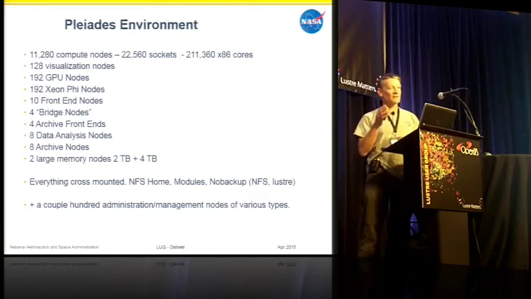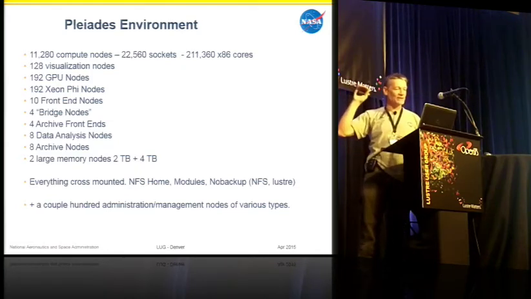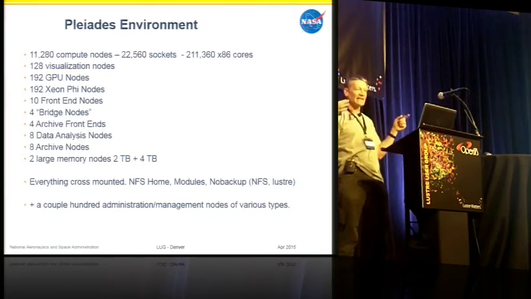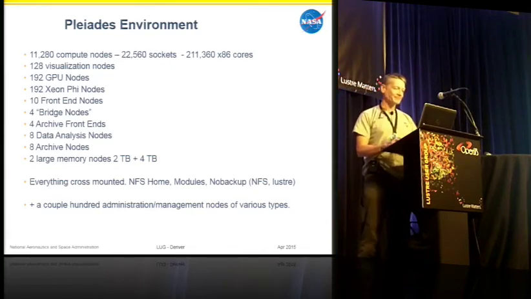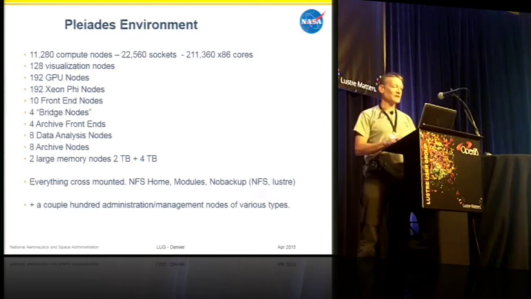We run our standard releases on them as much as possible, and then there's archive systems and data analysis nodes and sort of all of the other things that the scientists need to solve their whole problem, not just the compute piece. And everything's cross-mounted, so NFS and Lustre and pretty much the modules environment, it's all consistent across the whole machine.